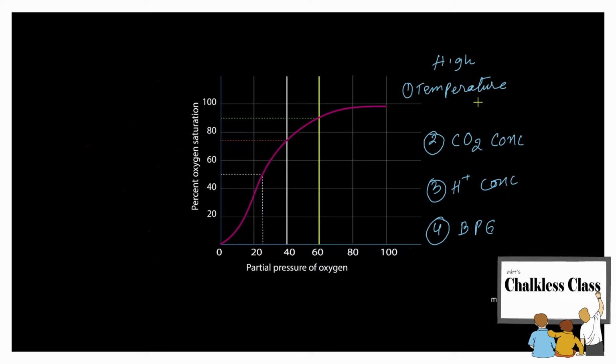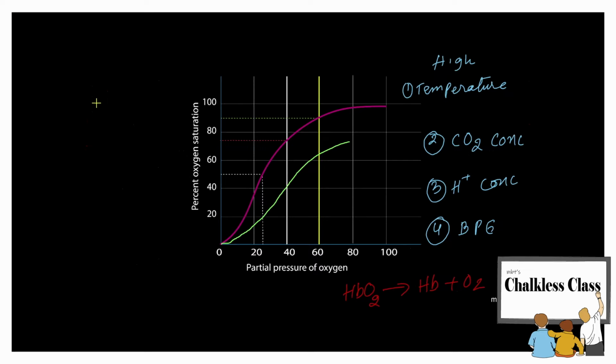When temperature is very high, carbon dioxide concentration is very high, hydrogen ion concentration is very high, and when the BPG is very high, then the dissociation of oxyhemoglobin occurs. Means at this time, oxyhemoglobin dissociates into hemoglobin and oxygen.